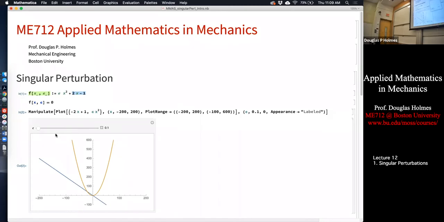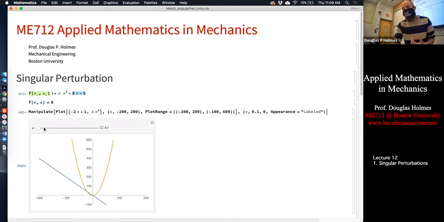What I really want you to look at here are that there are two intersections between these two curves. These two intersections correspond to the two roots or solutions to this polynomial.